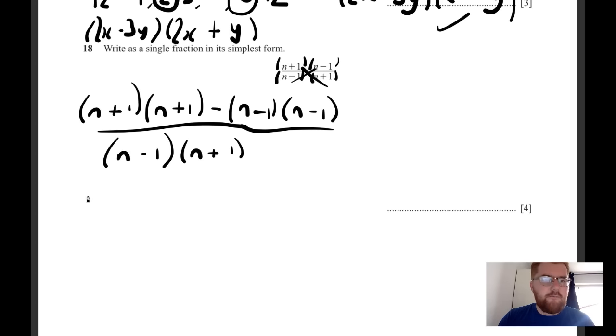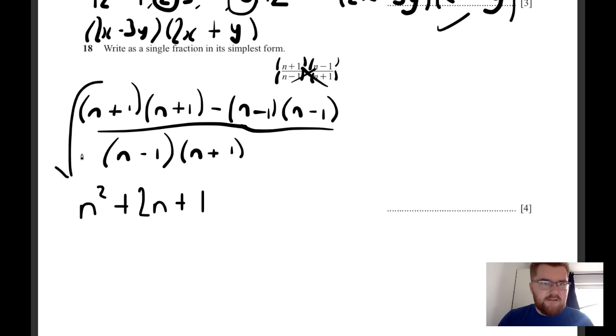So we've got, if we multiply this double bracket out, I'm not going to go through all the details. We have n squared plus 2n plus 1. So that's this part here, like so. I'm going to put this in brackets for the moment, minus, open brackets, and we expand this out as well.